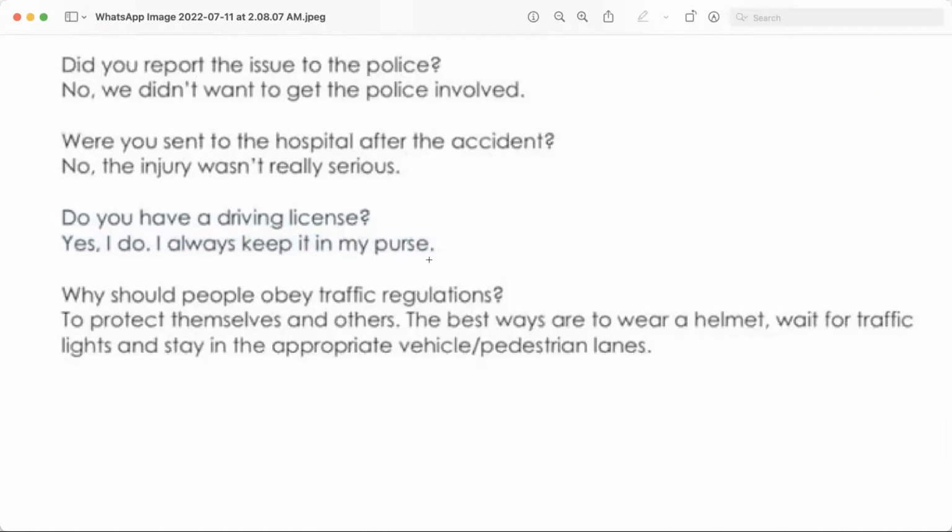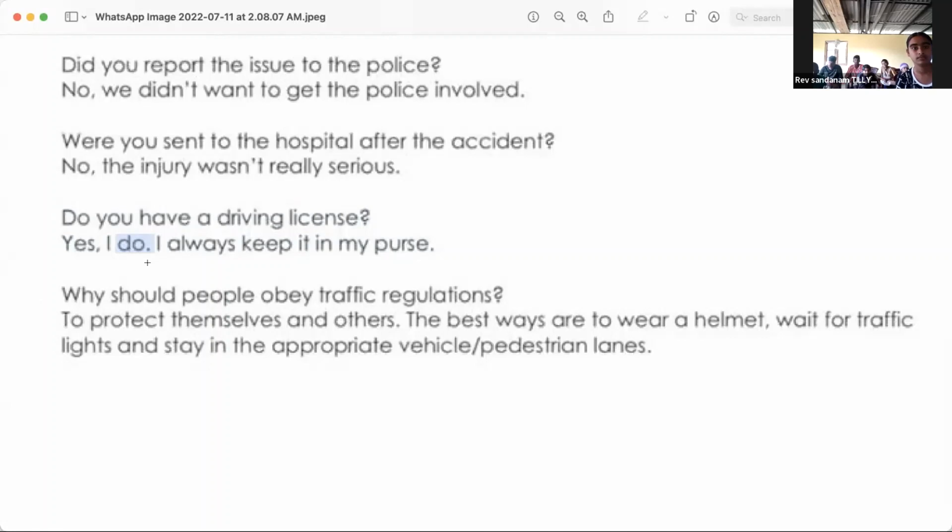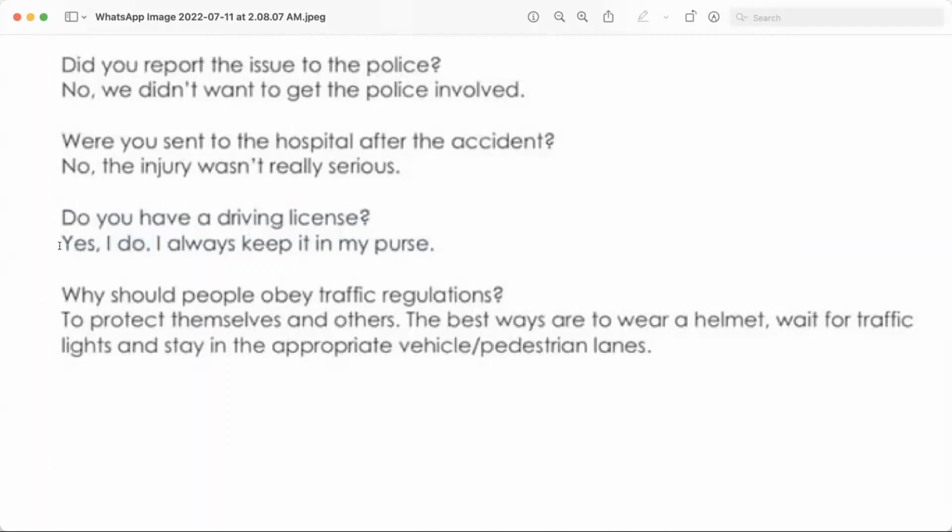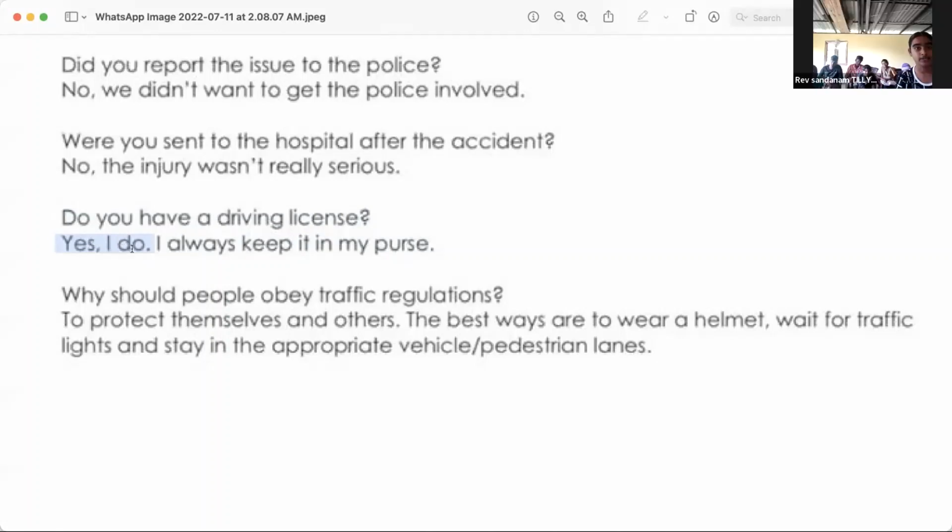One thing, when you see a full stop, what should you do? You should stop. Yes, so I'll give a 2-second pause. Read it again. Yes, I do. I always keep it in my purse.